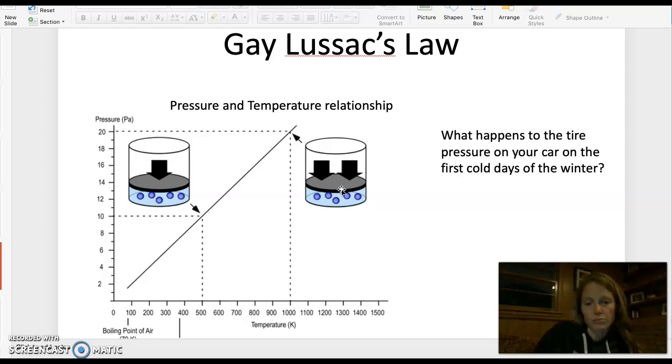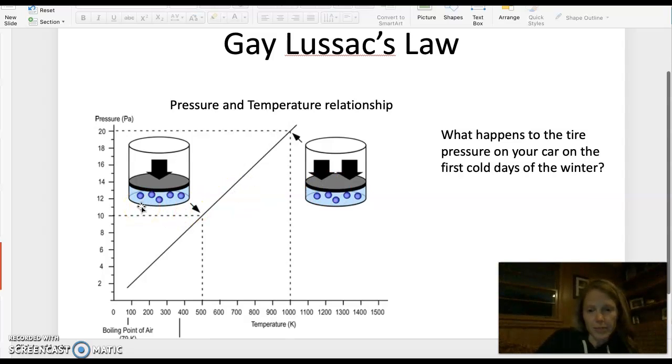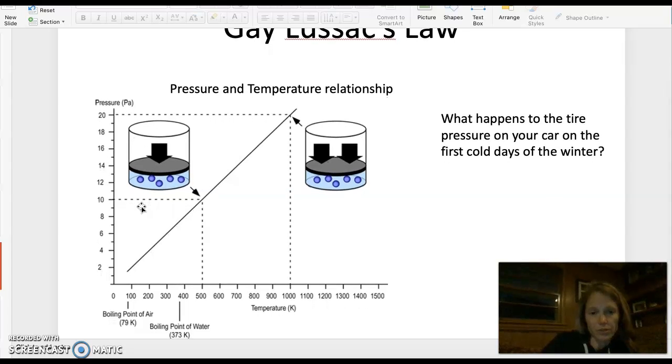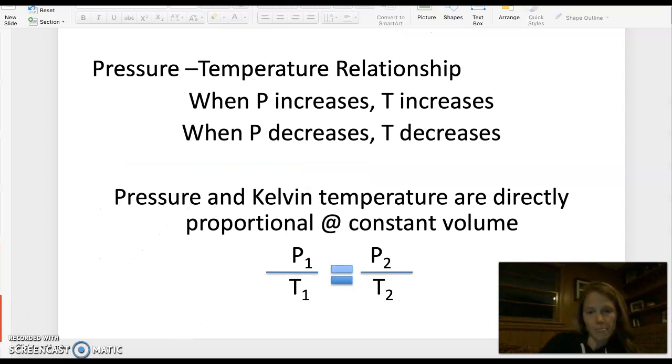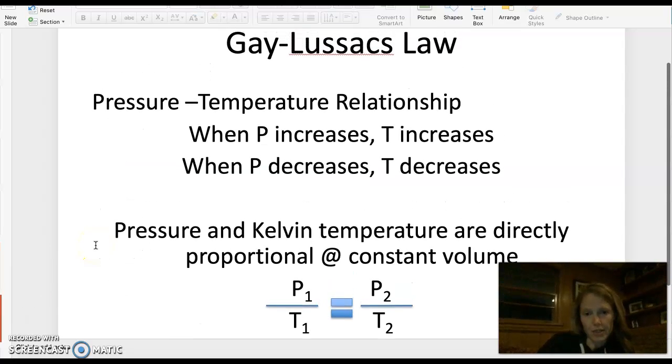Those particles are just moving more slowly. So this pressure-temperature relationship is also a direct relationship. As one increases, the other increases, or as one decreases, the other decreases. And again, here is the mathematical relationship between pressure and temperature.